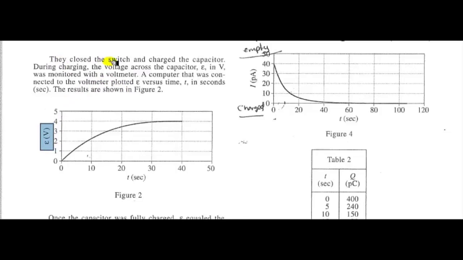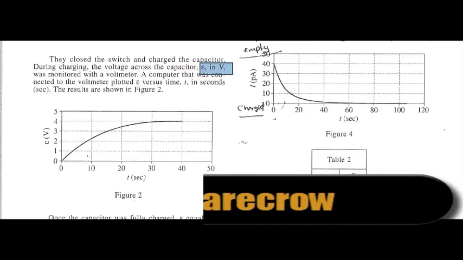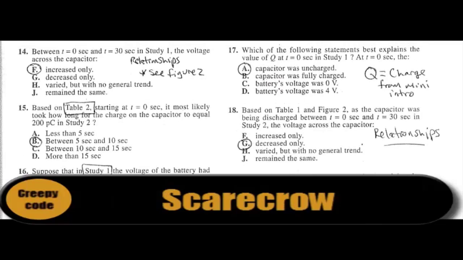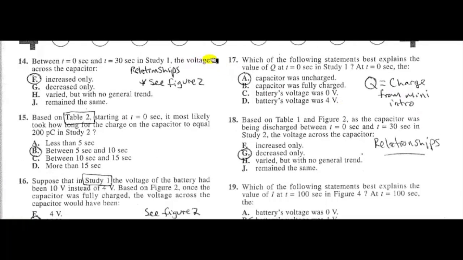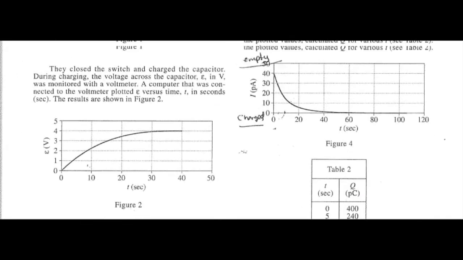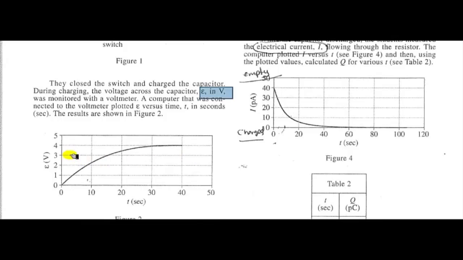Because you could simply look up here. If you aren't sure what this means, it says it up here: voltage across the capacitor. That's exactly what they ask us about in this question. So we basically looked at the y-axis and defined it above in the mini intro paragraph.